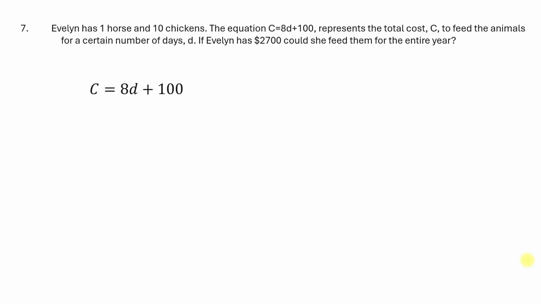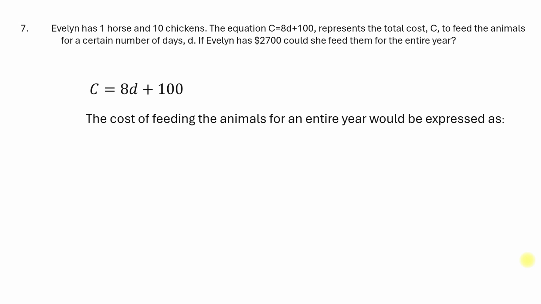Okay, so we'll write our equation down one more time. C, cost, equals 8 times the number of days plus 100. The cost of feeding the animals for an entire year would be expressed as C equals 8 times 365.